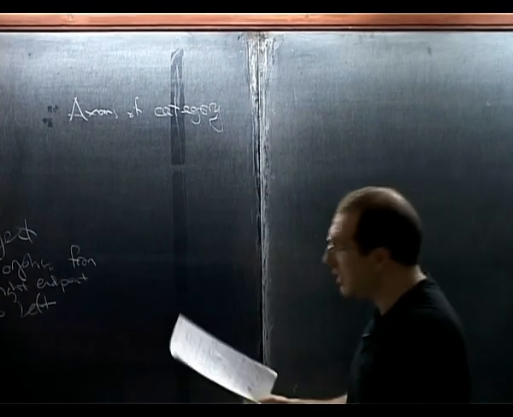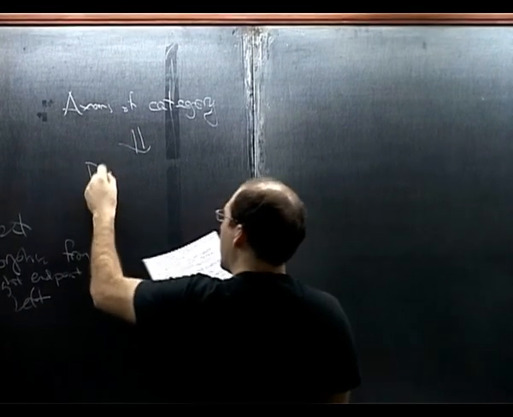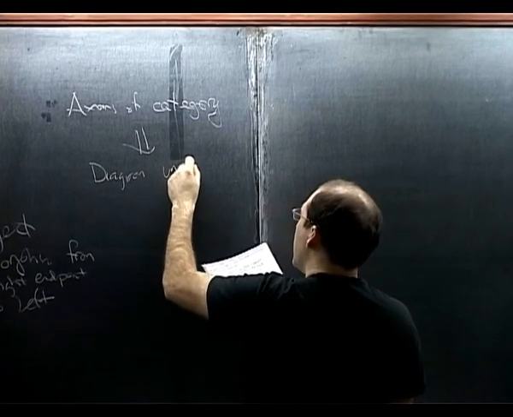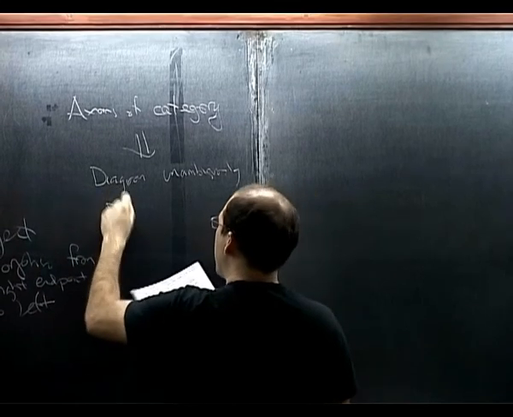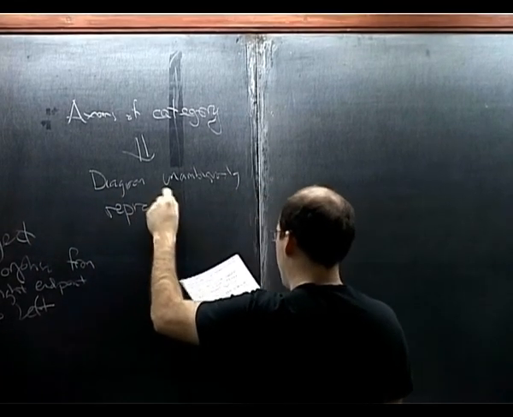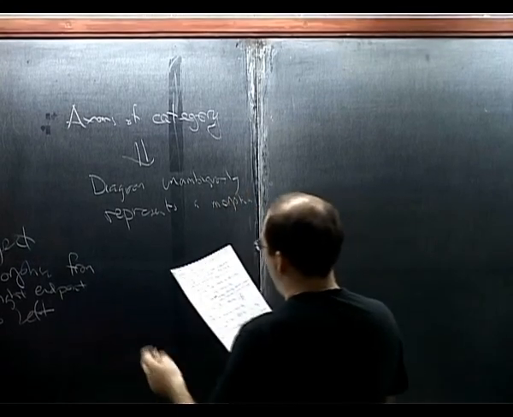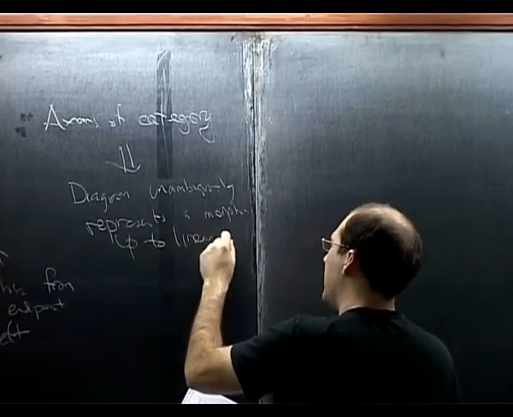So associativity says that a diagram unambiguously represents a morphism up to linear isotopy.